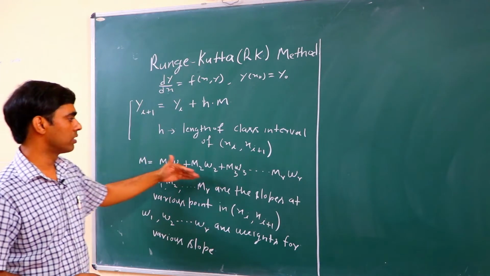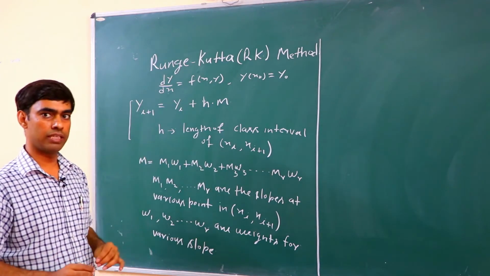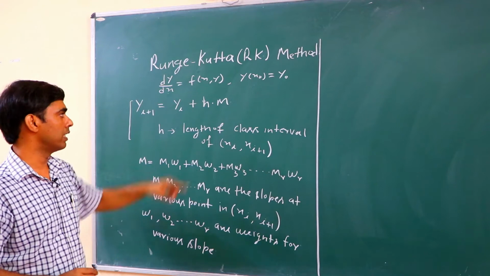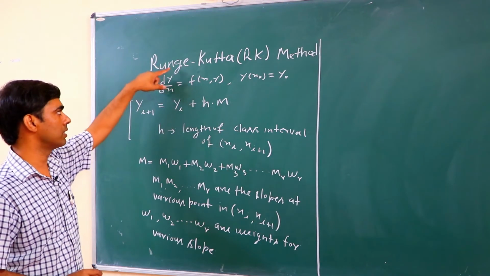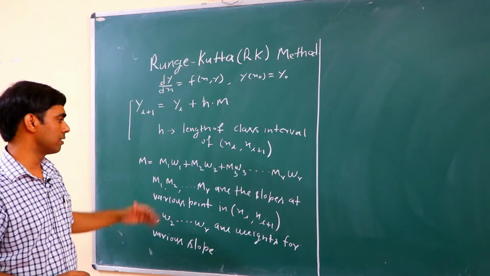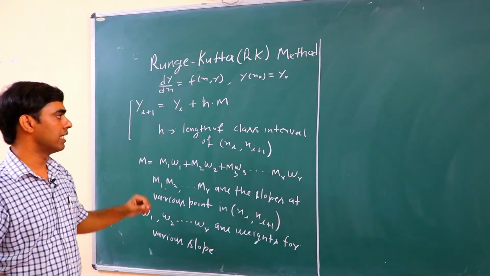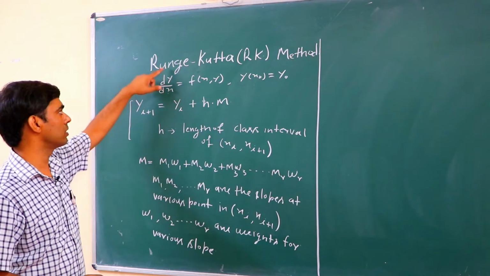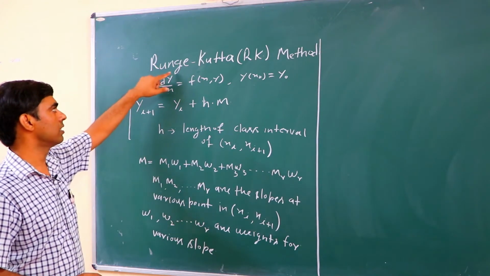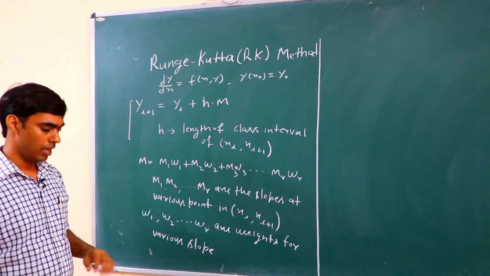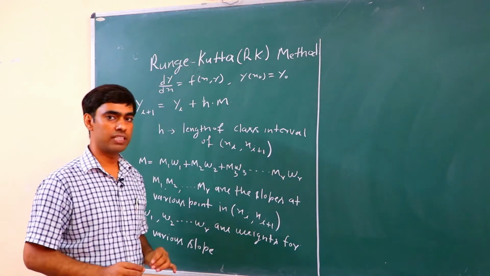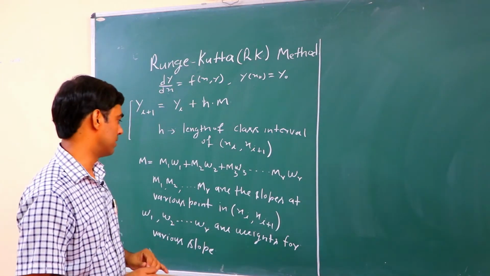Similarly, if we use three slopes to find the value of m, it is called a third order RK method. If we use r slopes, it is called an rth order Runge Kutta method. The most popular RK method is the fourth order Runge Kutta method.